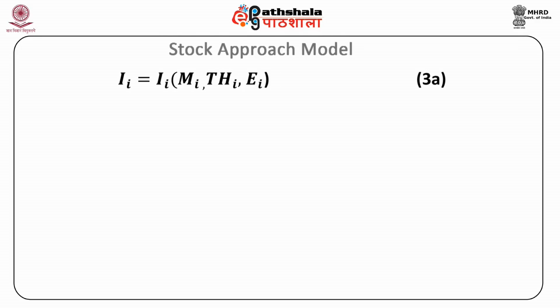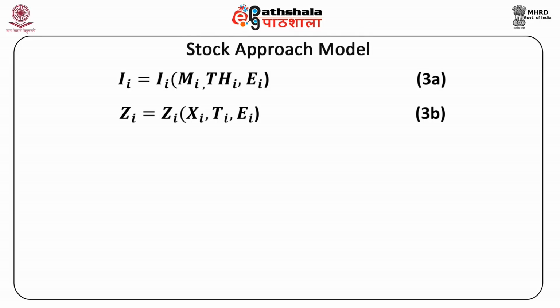Ii = Ii(Mi, THi, Ei), equation 3a. Zi = Zi(Xi, Ti, Ei), equation 3b, where Mi is medical care, THi and Ti are time inputs, Xi is goods input in the production of Zi, and Ei is stock of human capital.